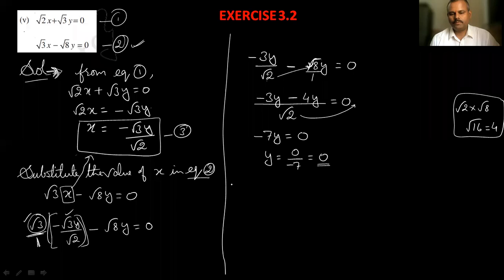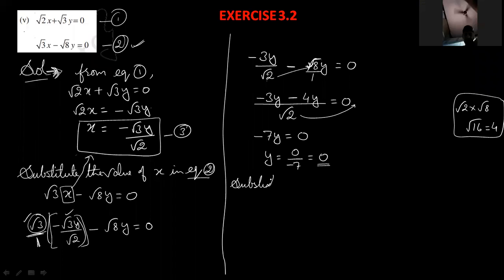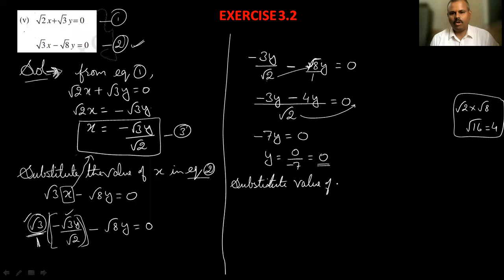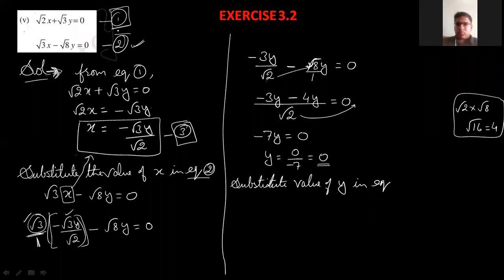Now what you have to do? Substitute the value of y in equation 3. Either you can substitute in 3 or you may substitute in 1. Any of the two equations you can substitute. I think it will be easy to substitute in 3.